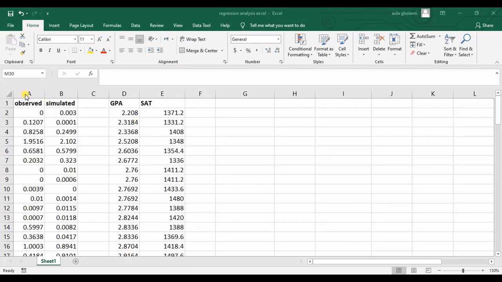As you can see here, I have two sets of data. One of them is observed and simulated data, and the second set is about GPA and SAT results. In the previous video, I gave a comprehensive explanation about how to get the regression formula in Excel.